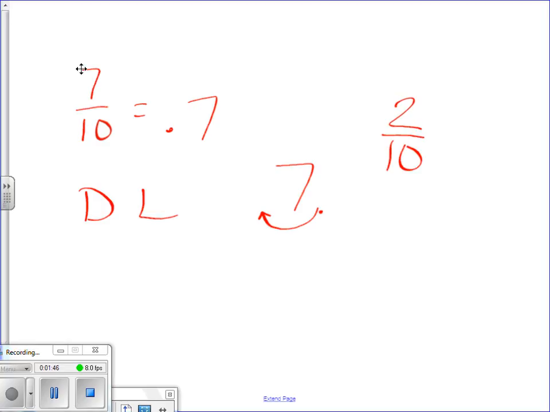That's going to be 0.2, because a fraction is dividing. So basically, 2 tenths equals 2 divided by 10. This is one of our test questions.